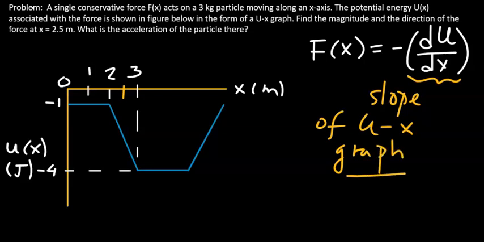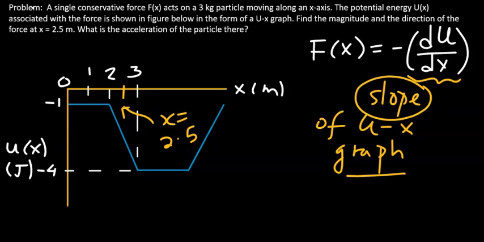The graph is given, so all you have to do is to determine the slope at a particular point. In this case, that particular point is x equals 2.5 meters. As you can see, at x equals 2.5, you are dealing with a straight line. So all you have to do is to compute the slope of that straight line.